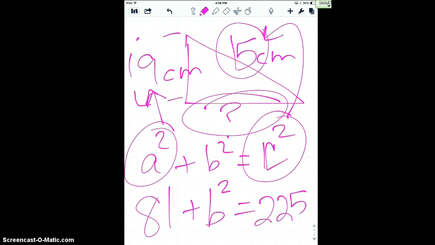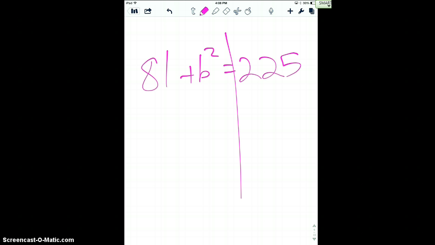So now I am solving an equation here to figure out this value. How do I get the b value isolated and alone? How do I get this 81 to go away? I have 81 plus b squared equals 225. So here I go, solving an equation that you solved last year.